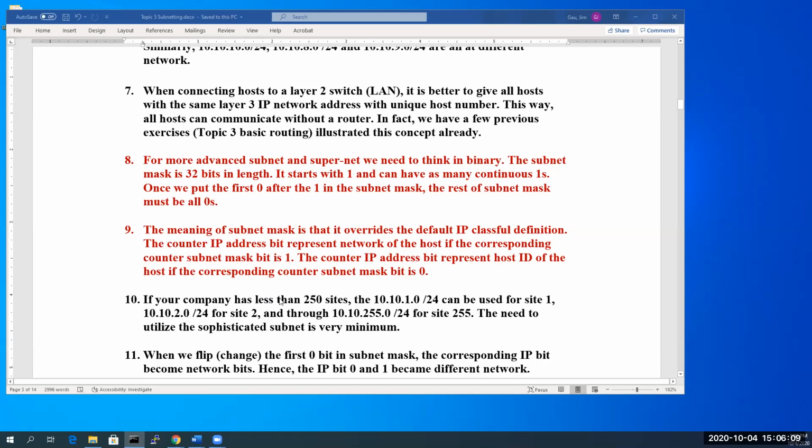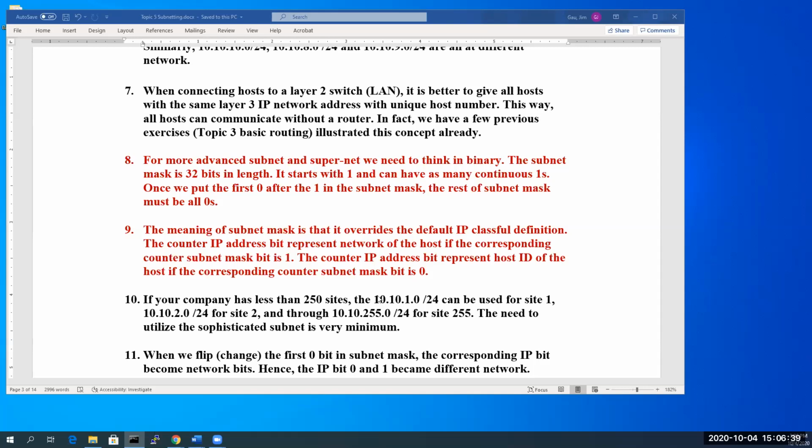If your company has less than 250 sites, 10.10.1.0/24, including 250 hosts for this network, can be used for your site 1. Okay? You have less than 250 sites, each site has less than 250 hosts. You can actually give out a lot of IPs. And let's just use a simple method.